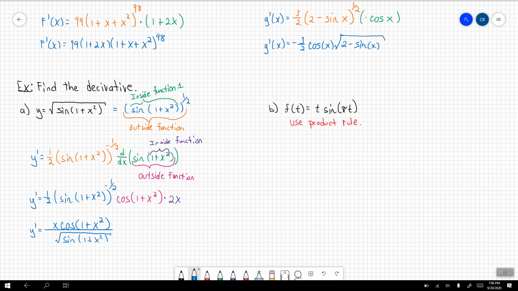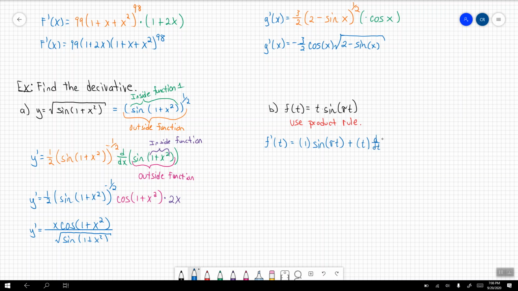And we're going to take this step by step. So if I want my derivative, f prime of t, I need to implement the product rule. Well, the product rule says that if you take the derivative of the first function, so the derivative of t, that's just 1, multiplied by the second function, that's sine of pi times t, you add that to the first function, which is just t, times the derivative of the second function.